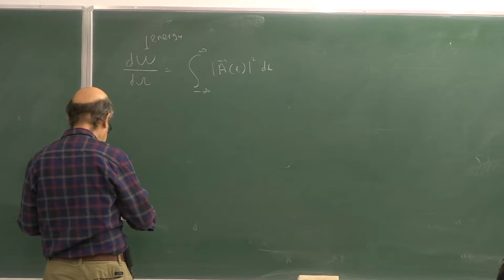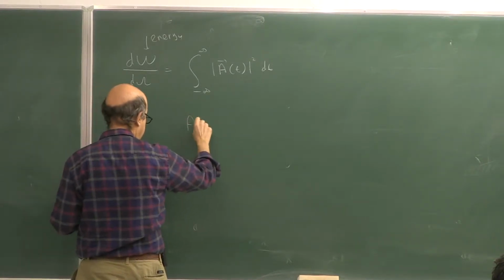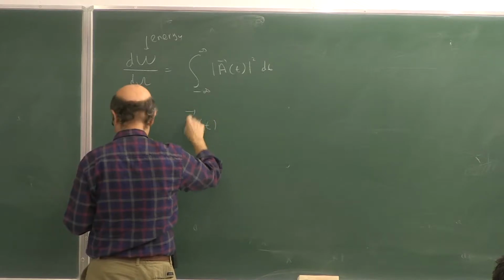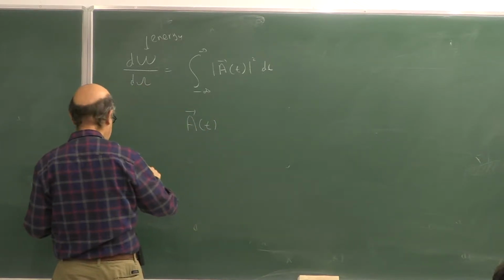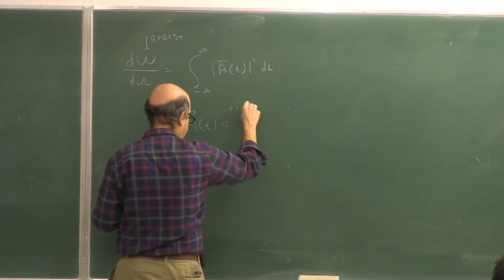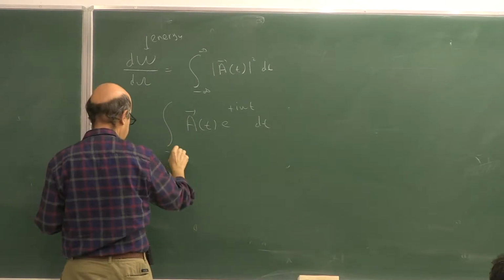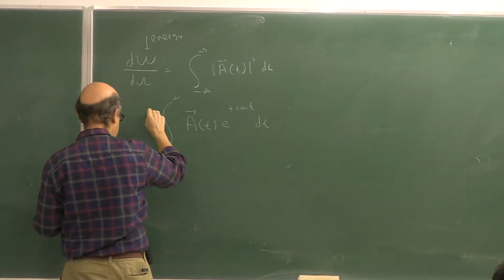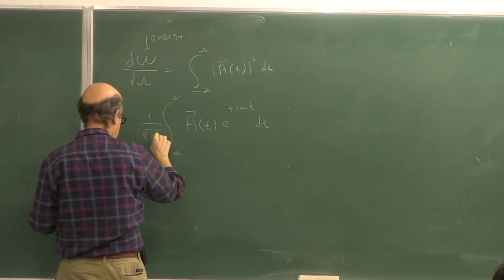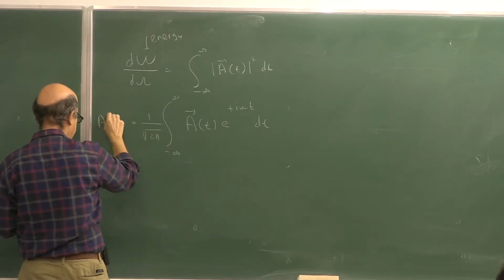So let us define the Fourier transform. If you know A of t, you can have the Fourier transform if you integrate over all time intervals times 1 over square root of 2 pi.